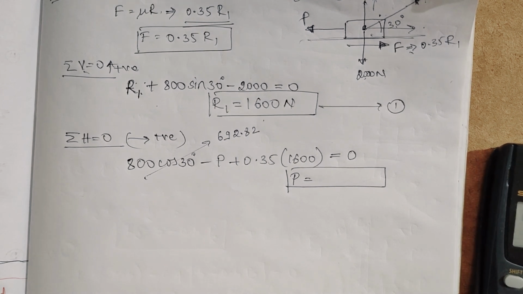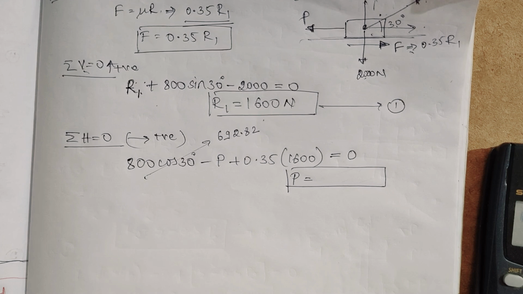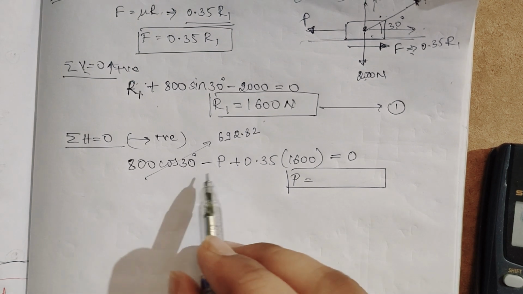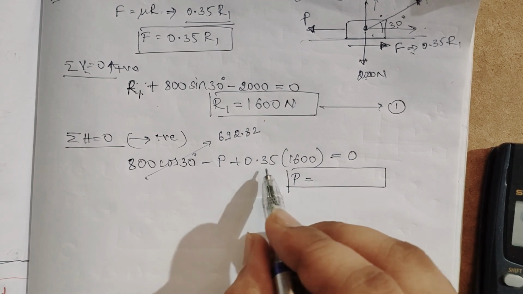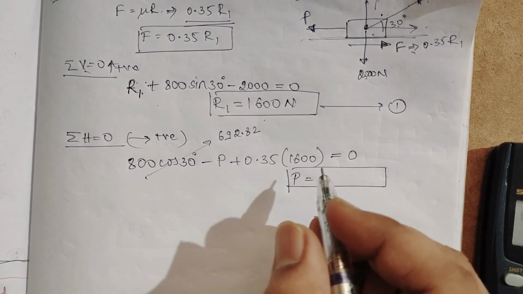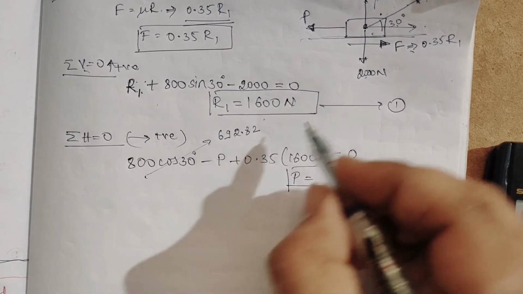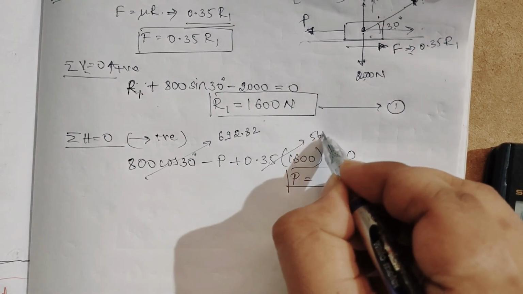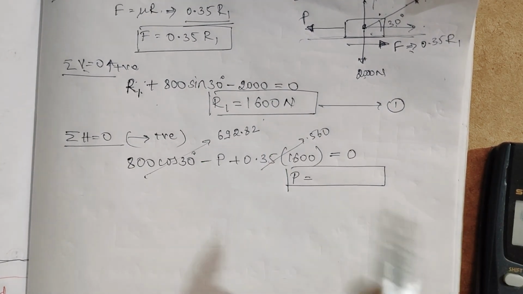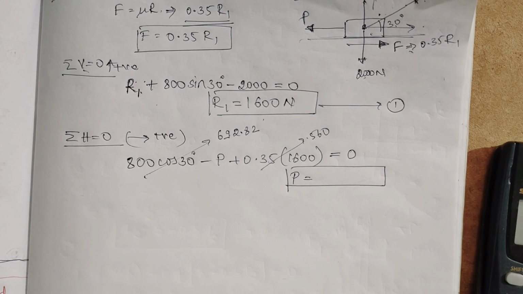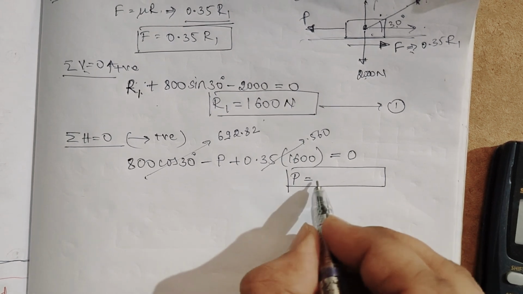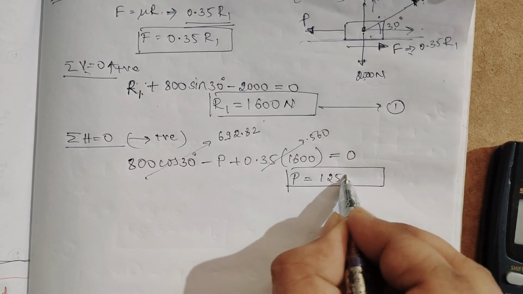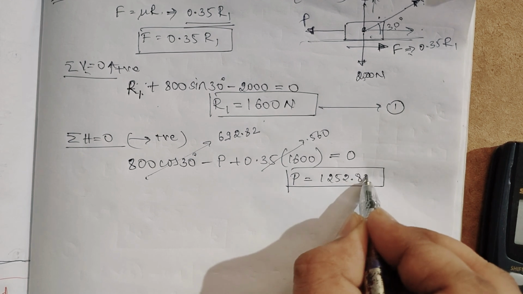Now 0.35 into 1600 is 560. So upon substitution, this value is 560. I'll just add them. 560 plus 692.82 is 1252.82.